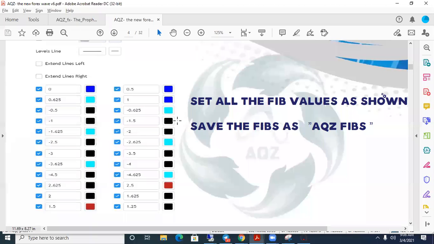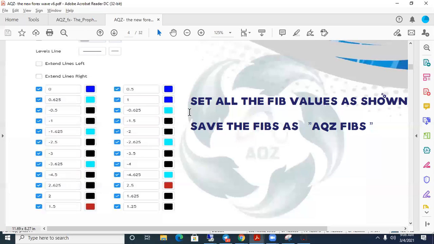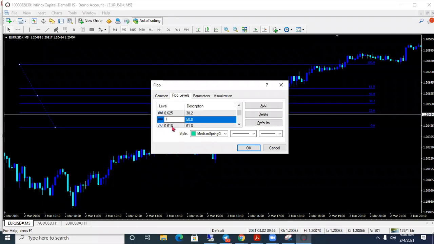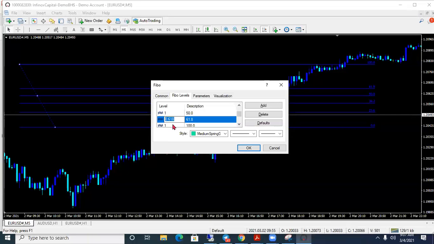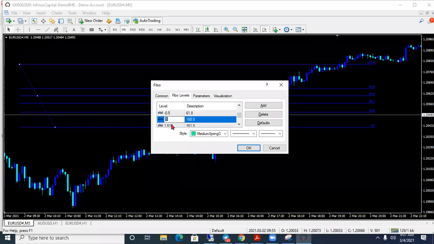The next one is 0.625, so change the next level to 0.625. Of course, the description, there's also a video that gives you the description. If you want to have them, you could have them. Then we'll have 1. You have your 1 there. You have negative 0.5. Here will be negative 0.5. You have your negative 0.625. Negative 0.625.